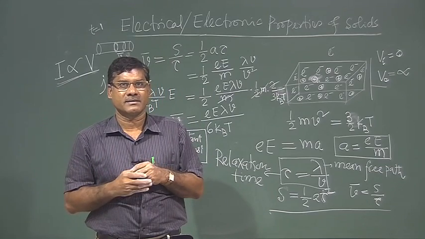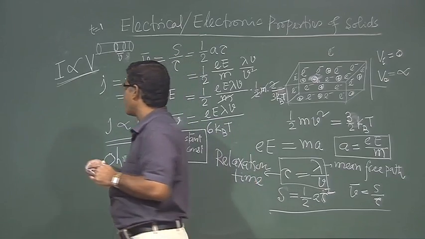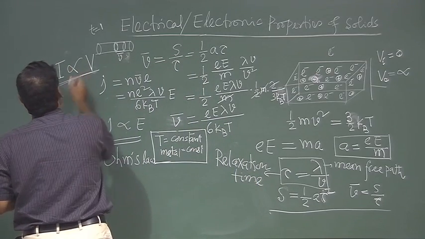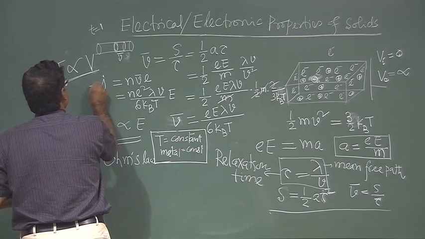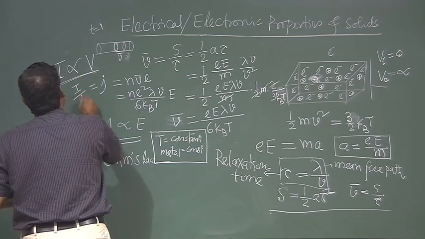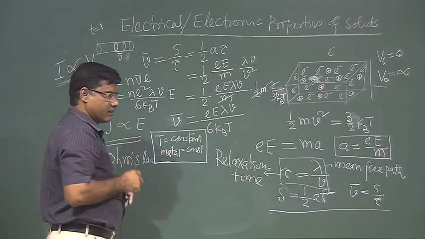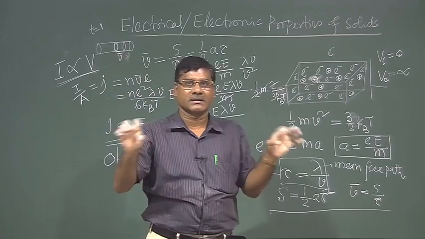That is the current, and current density is nothing but current divided by cross-sectional area.